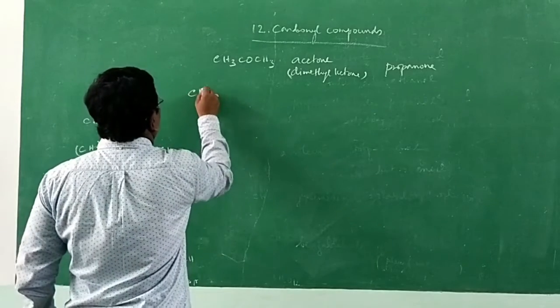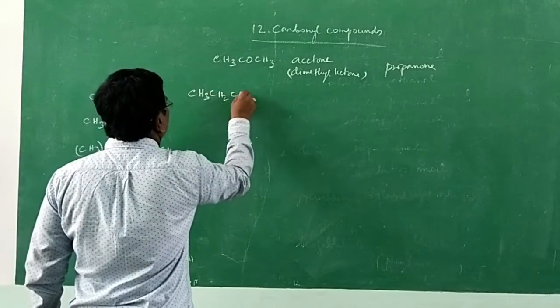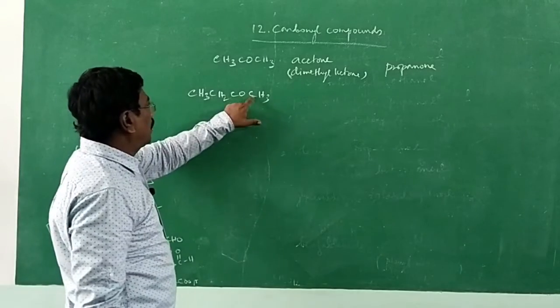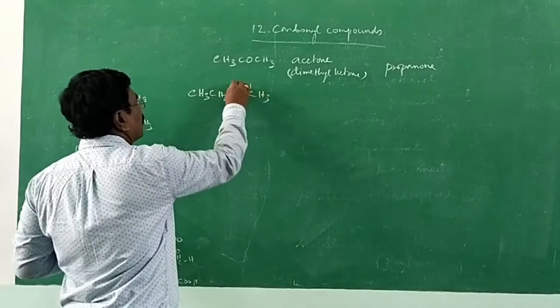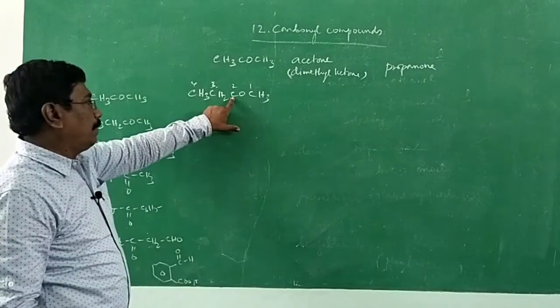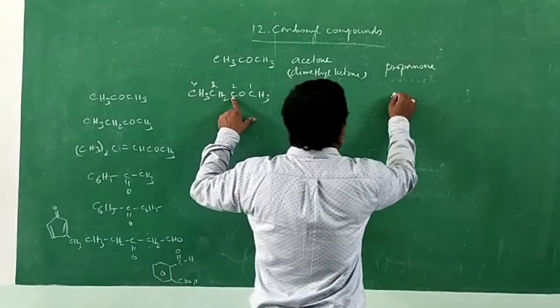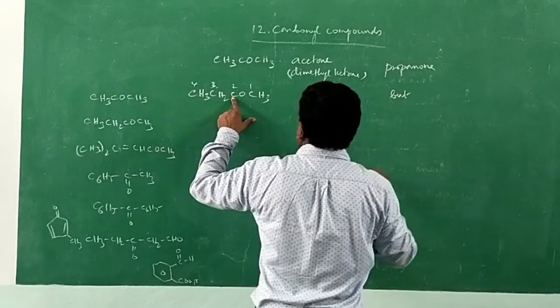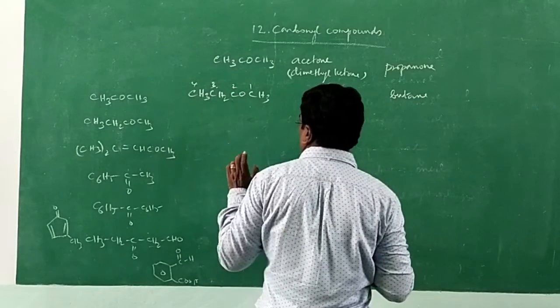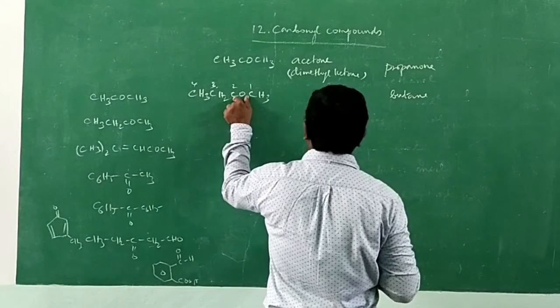Next one. CH3CH2COCH3. We have 4 carbon atoms, a ketone with 4 carbon atoms, 1, 2, 3, 4. Numbering should be from here. Why? The carbonyl group should get the lowest number. And therefore butane, and at the second carbon atom we have the ketone, one.